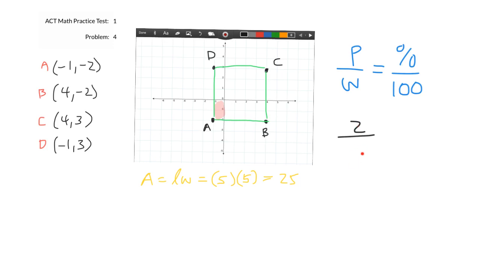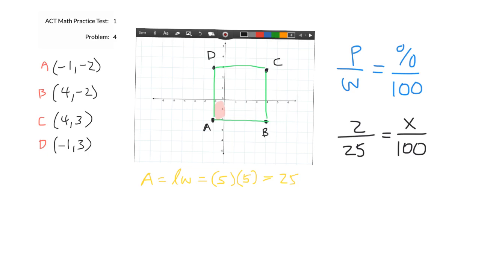And then we have the whole, which is, in this case, 25. And that's going to equal the percent over 100. Now the percent is the unknown, so we're going to write X there. And always, always, always put 100 down here. So that's a way of navigating percentage problems that a lot of students seem to like. So we'll just stick with that.